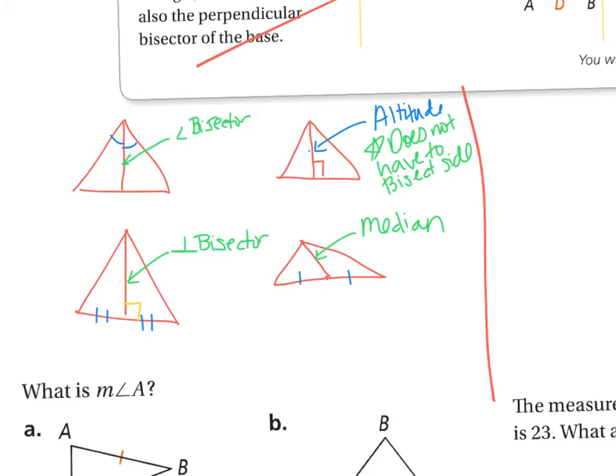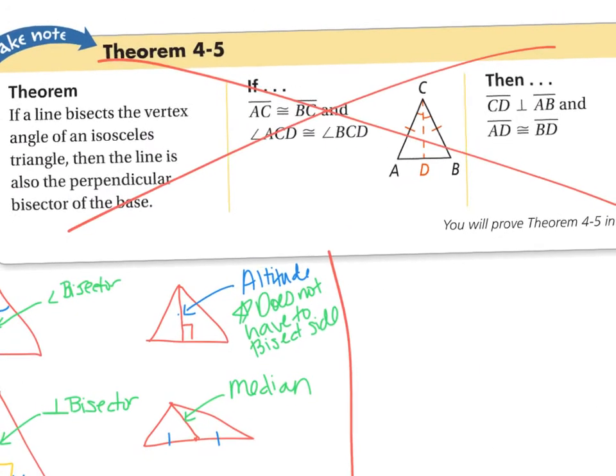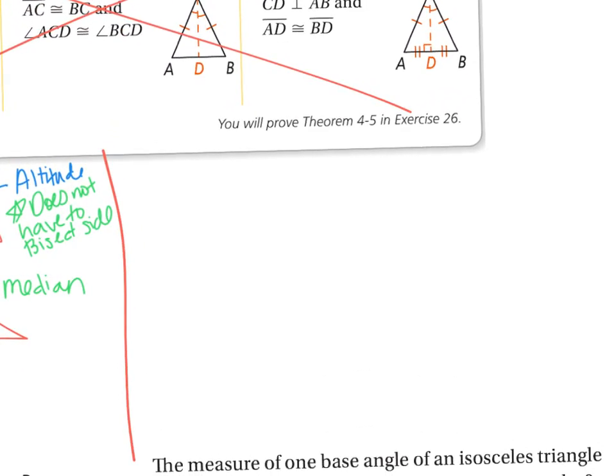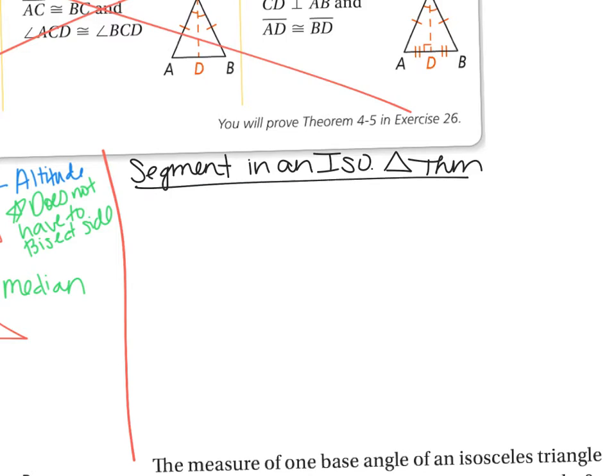Now I'm going to give you a theorem. Okay, so this theorem is a little long, so stick with me. We're going to call it the segment in an isosceles triangle theorem. Please make sure you write all of this down.